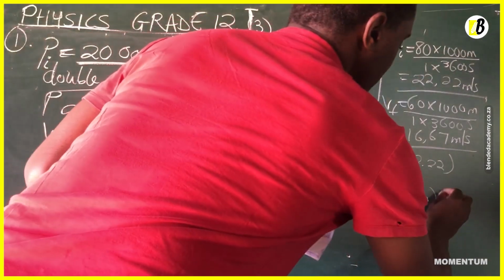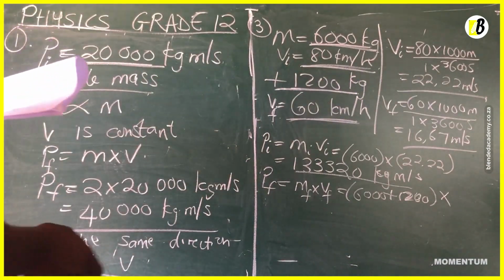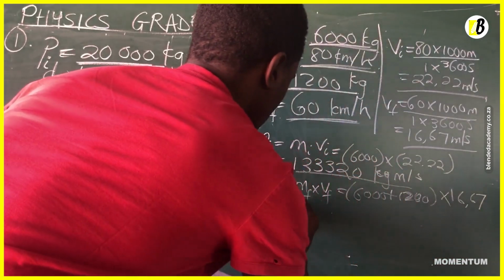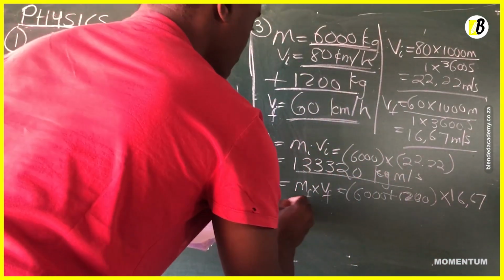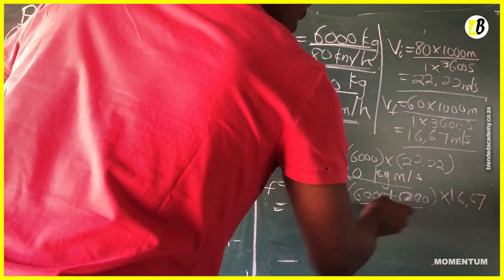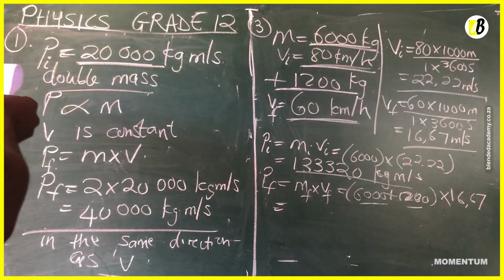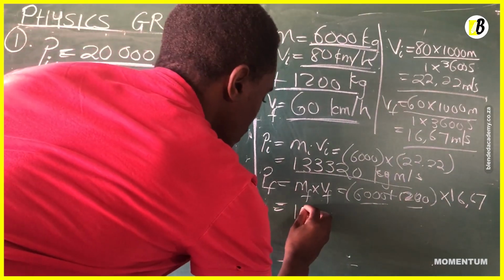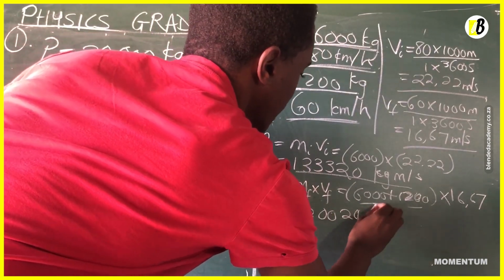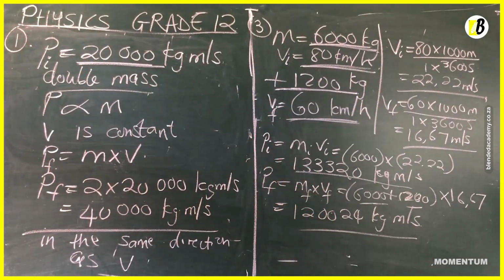And then it's multiplied by the new velocity after loading the truck, which is 16.67 meters per second. So from that we get 7,200 multiplied by 16.67 meters per second, and we're going to get 120,024 kilograms meters per second.